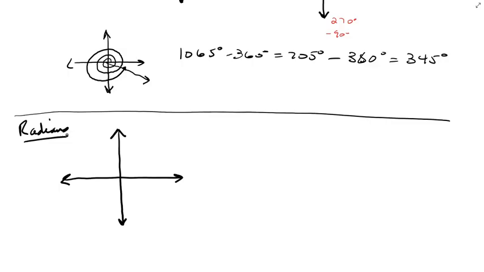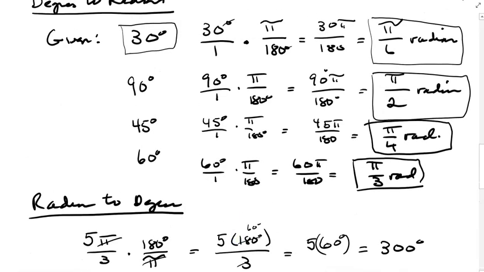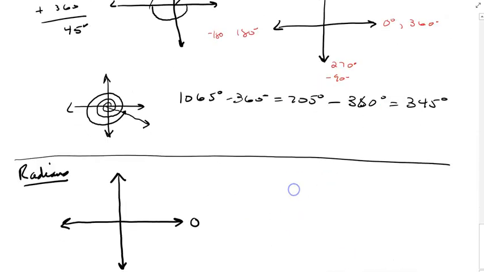So if I were to think about that in radians, well, 0 degrees and 0 radians are the same. Notice I don't have the degree symbol. That tells me I'm in radians. Now we already did, so I'm going to scroll up for a minute on my screen. We already said, oh wait, 90 degrees, which we know is that right angle mark, or the positive y-axis, is simply pi over 2.